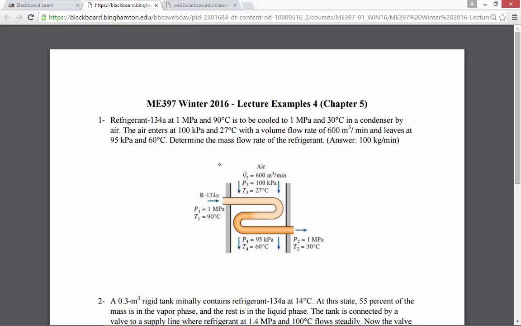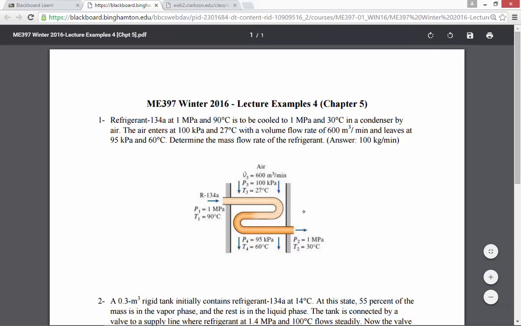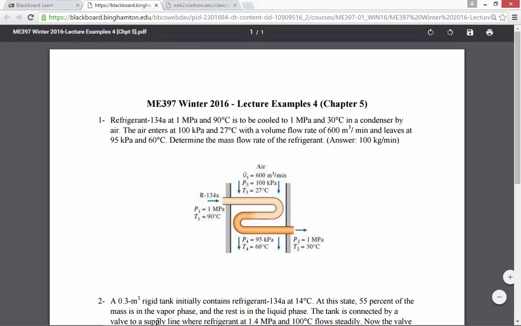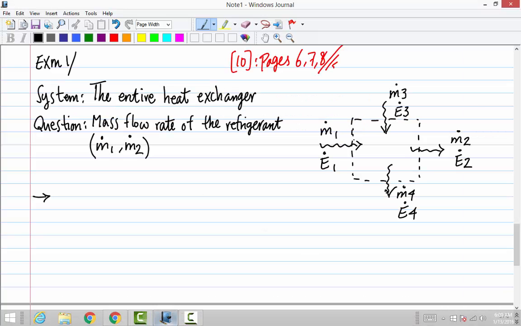Okay, so someone might ask, well, wait a second. Heat exchange is zero. But how do you call this a heat exchanger? Isn't it funny that you call something heat exchanger, but there is no heat transfer? That's stupid, right? But you need to pay attention. This is the trick.